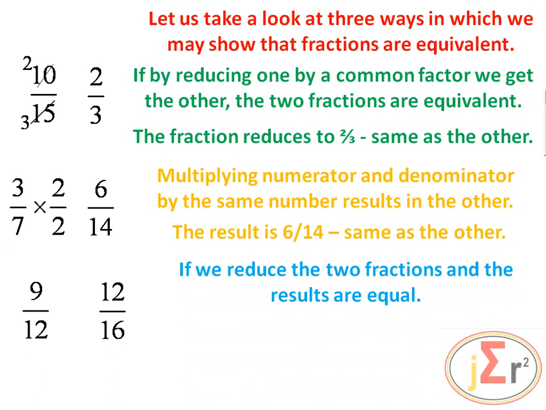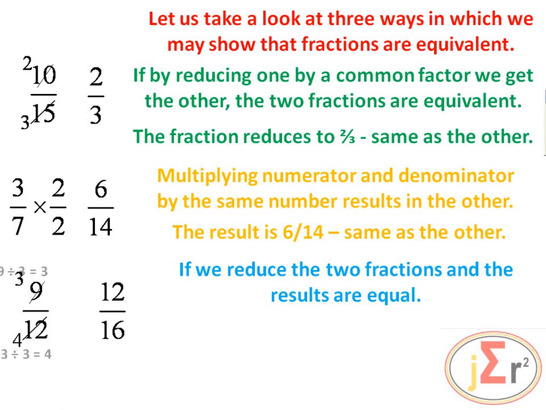So if we have two fractions, we reduce this one by a common factor of what? Jerry is saying a common factor of 3. Then what will we reduce this by? A common factor of 4. Why can we reduce this one, Jerry, by a common factor of 3? Because 3 can go into both numerator and denominator. So 9 divided by 3 is 3, and 12 divided by 3 is 4.